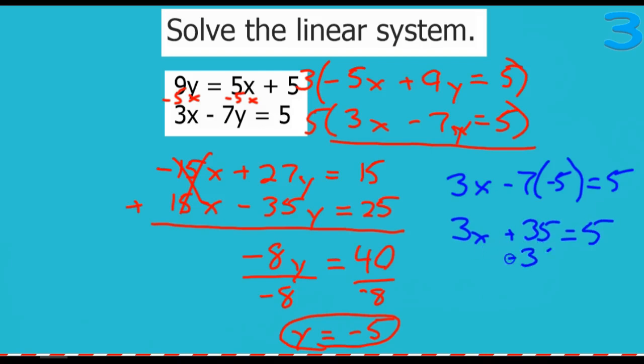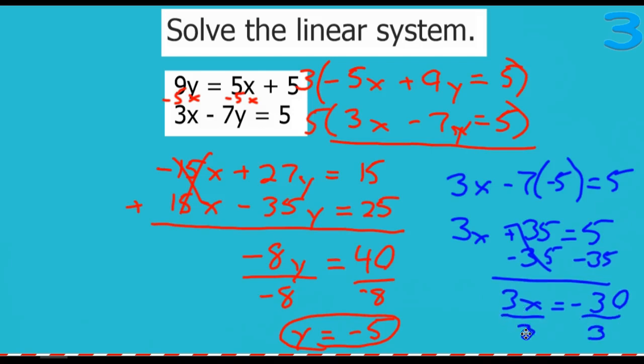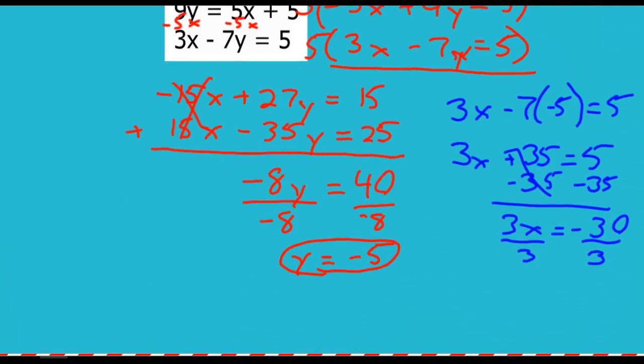Now I'm going to subtract 35 from both sides to make it 3x equals negative 30. Divide by 3. And x will equal a negative 10. So our solution then is negative 10, negative 5.